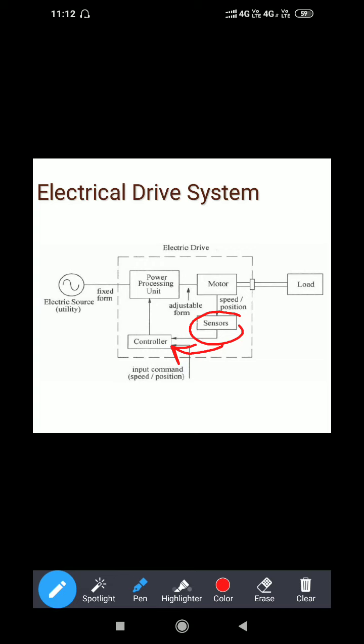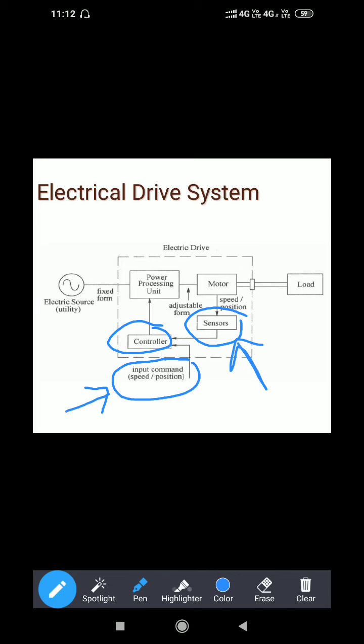Next part is the controller. The controller receives two signals: one from the speed sensor, and second from the input command. The controller compares these two signals. The input command is our desired signal or desired reference input, and the sensor gives the actual speed of the motor.